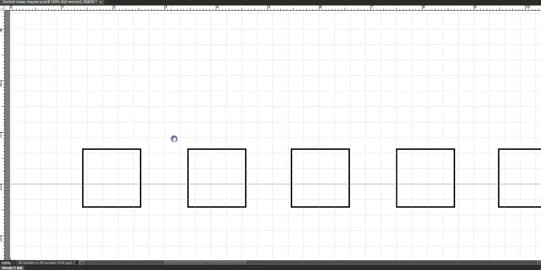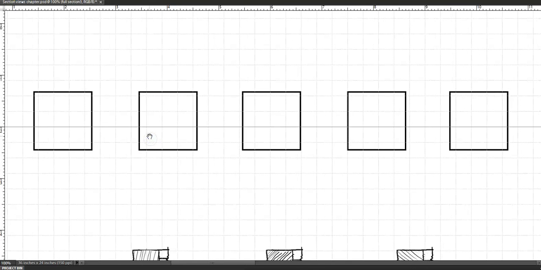So let's look first at some of the section lining techniques. The first thing we need to do while we are making sections is draw the section lines correctly.